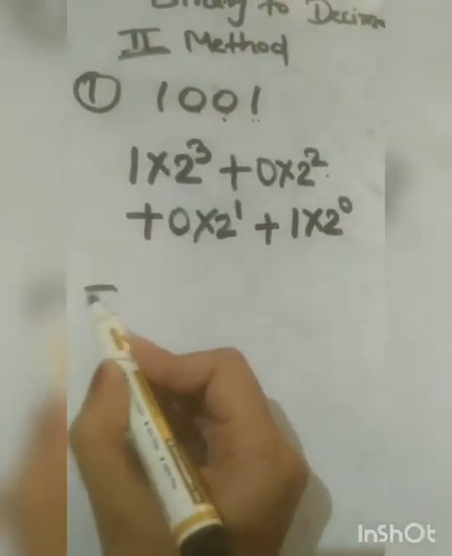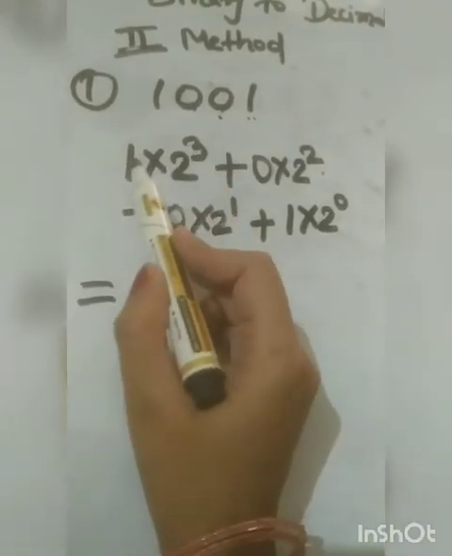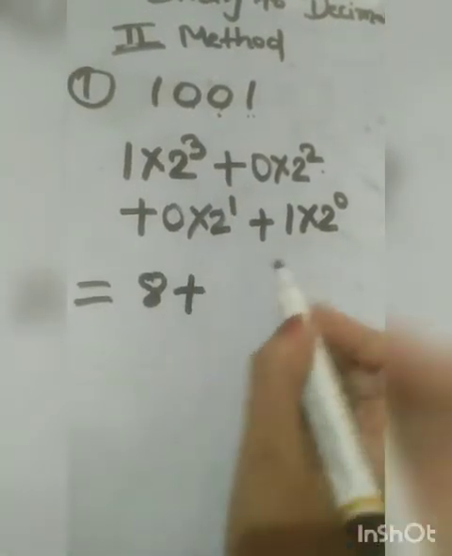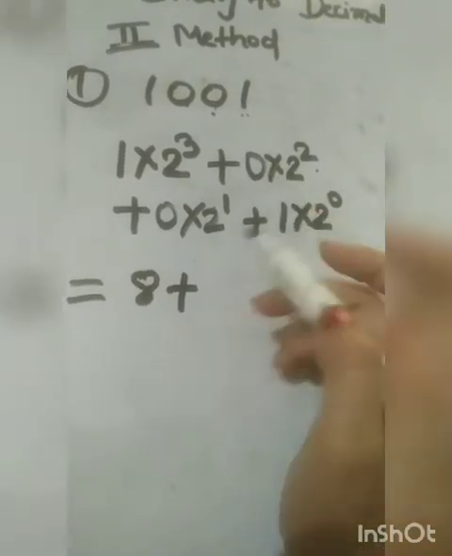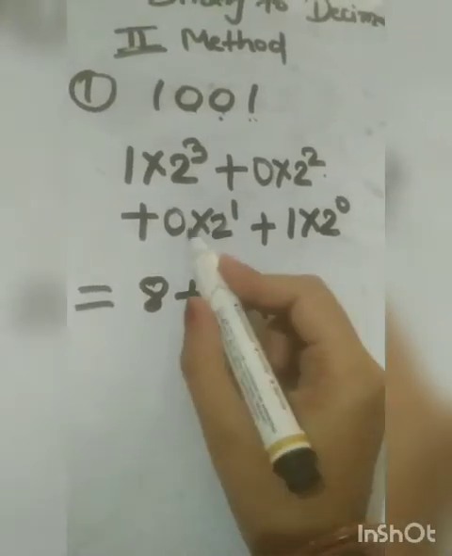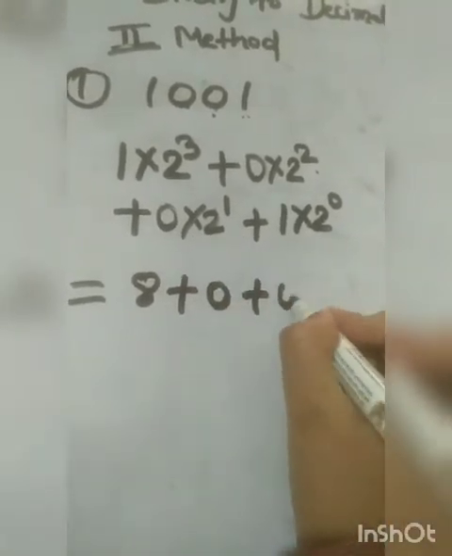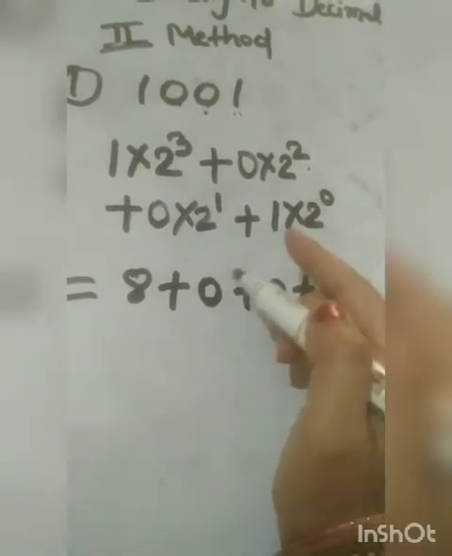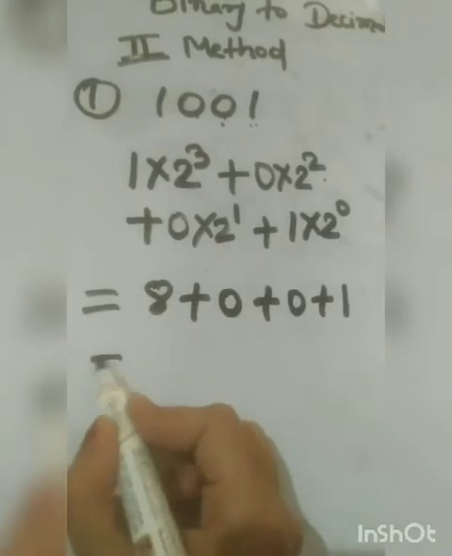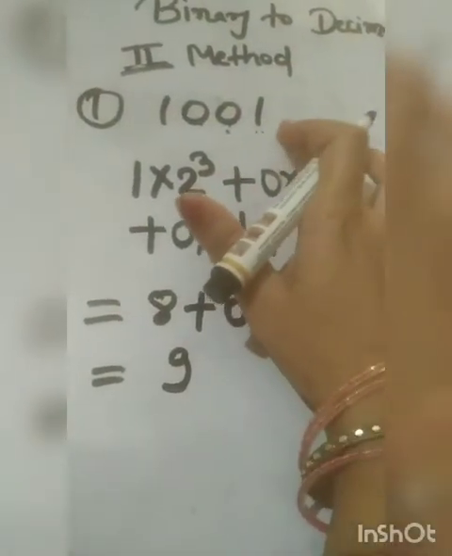Then you have to solve this. 2 cube will be 8, 8 multiplied by 1 will be 8. Plus, if you multiply any number with 0, it will be 0. Same here, any number multiplied with 0 will be 0. And 2 to the power 0 is equal to 1. So 1 into 1 is equal to 1. So 8 plus 1 will be 9. So this is your 9 in decimal.